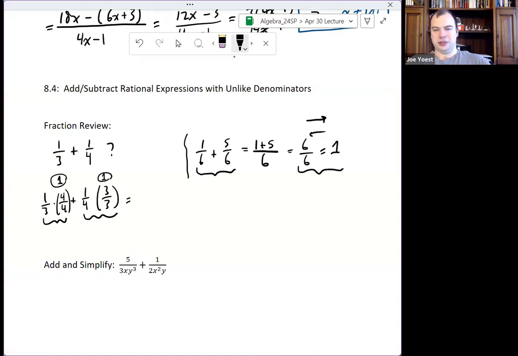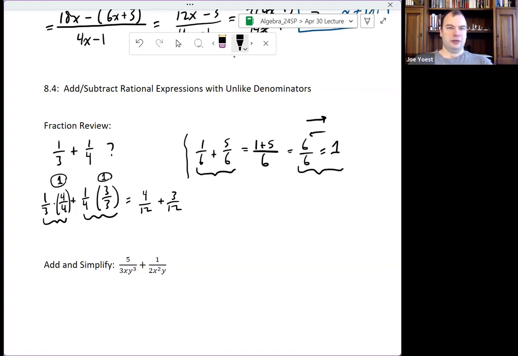So 1 times 4 is 4 in the numerator, and 3 times 4 is 12 in the denominator. 1/3 of a whole pizza, if the pizza was cut into 12 slices, would be 4 out of those 12 slices. And similarly, 1/4 times 3/3, I get 1 times 3 equals 3 in the numerator, 4 times 3 equals 12 in the denominator.